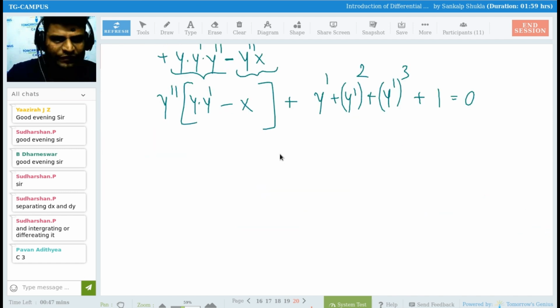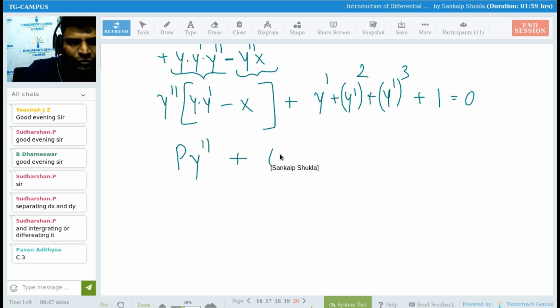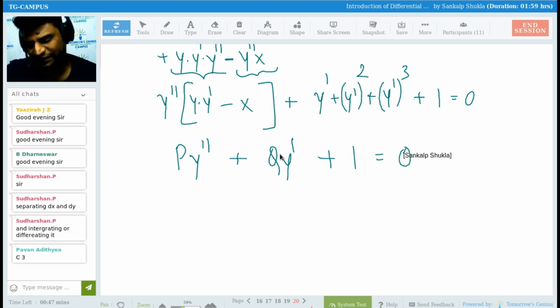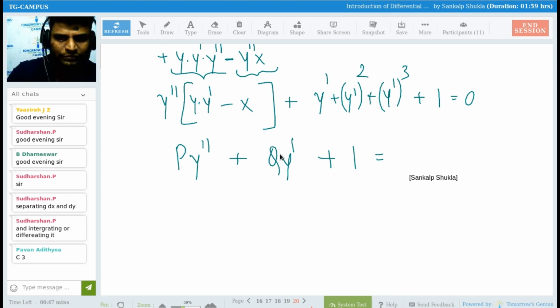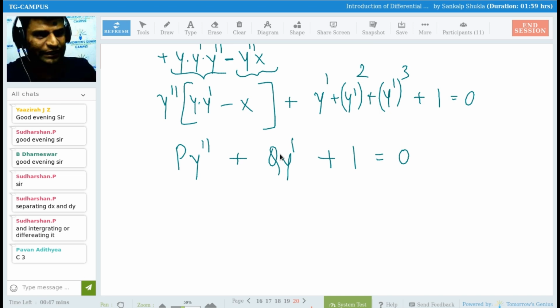Now we can compare it with p y double dash plus q y dash plus 1 is equals to 0. So on comparison we can get the values of p and q. Find the values of p and q.